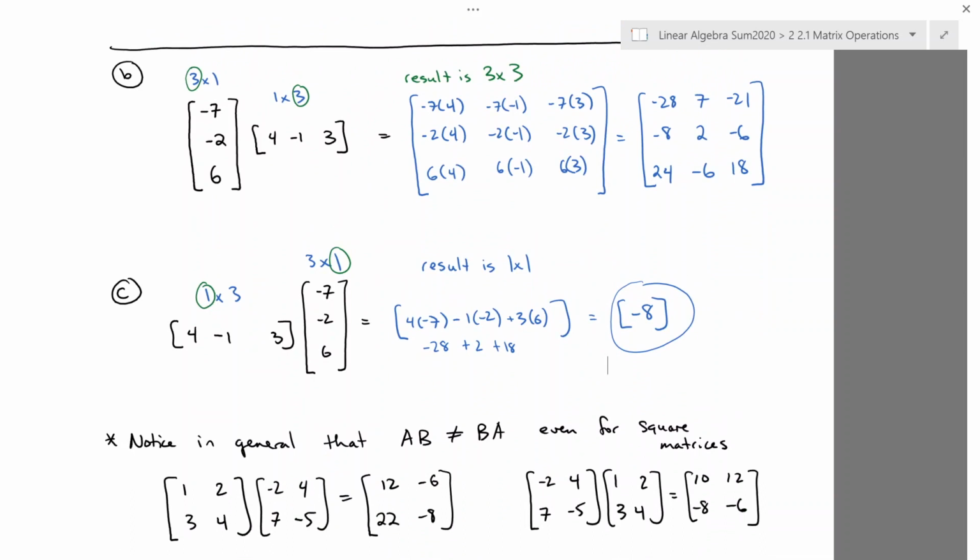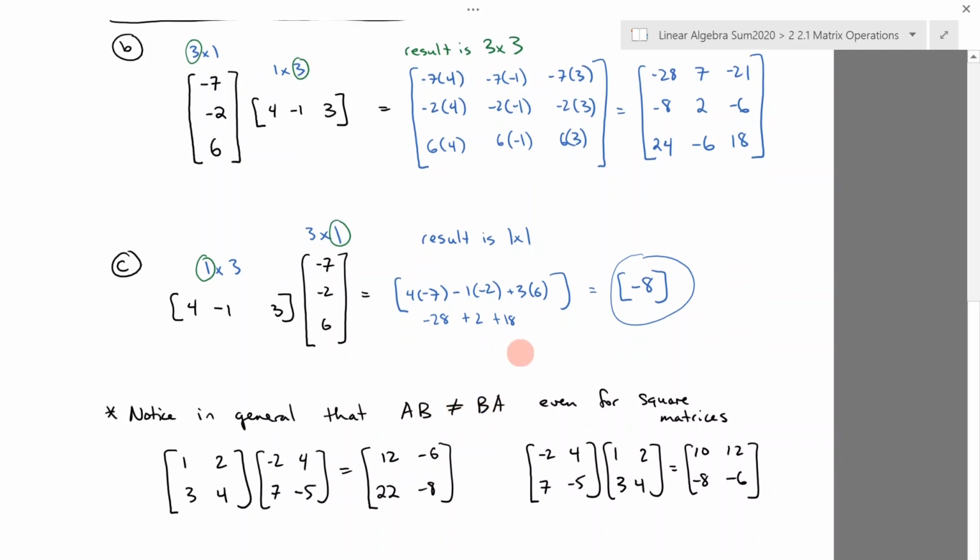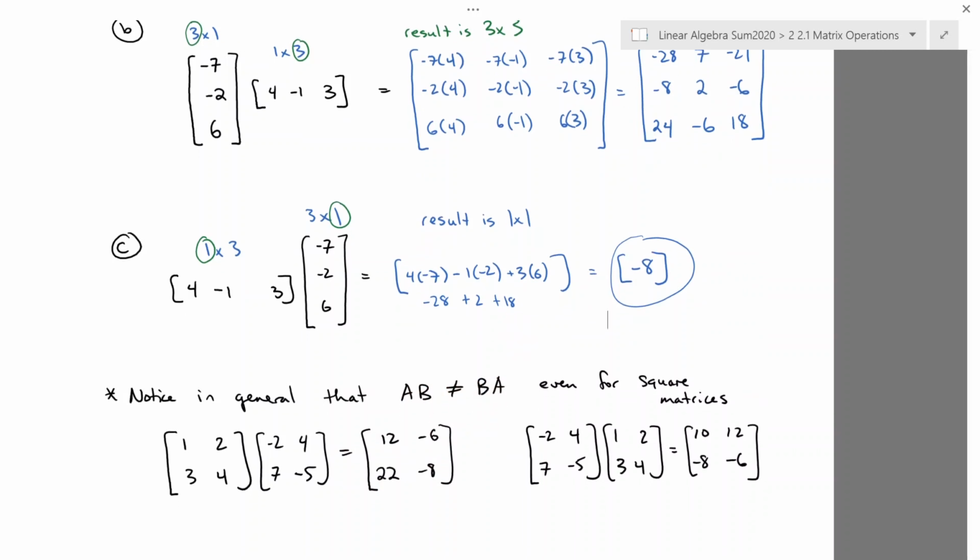So one thing to be careful about with matrix multiplication is, in general, what's on the left and what's on the right is important, even if the two matrices have the same size, and they're both square matrices, right? So matrix multiplication is not commutative. You can see in this example that I have down here, on the left I have the matrix 1, 2, 3, 4, and on the right I have the matrix -2, 4, 7, -5.